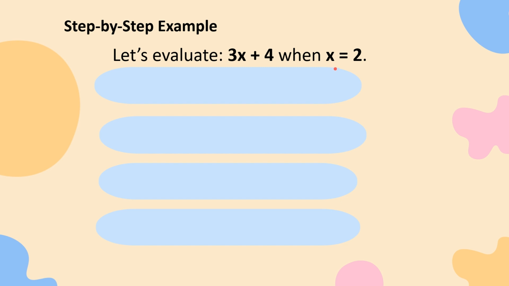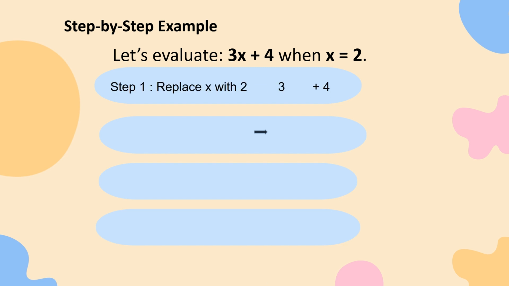It says here, when x is equal to 2, what would be the value of our mathematical expression, which is 3x plus 4? First, we'll have the step-by-step procedure. We will evaluate 3x plus 4 when x is 2.